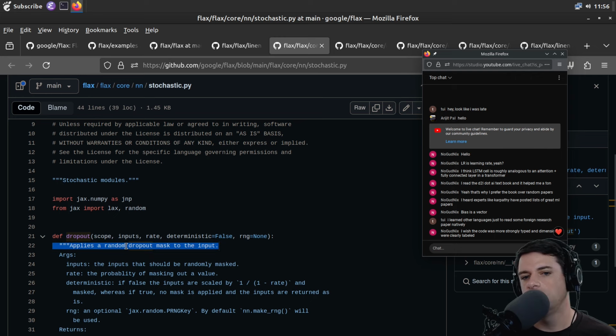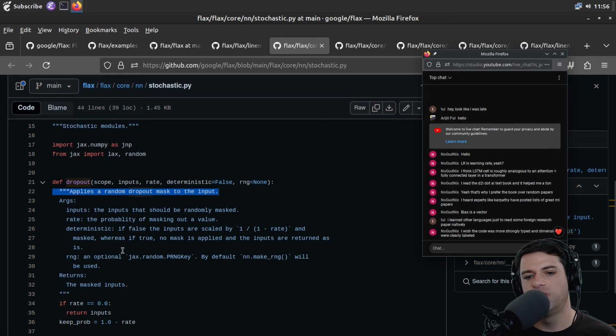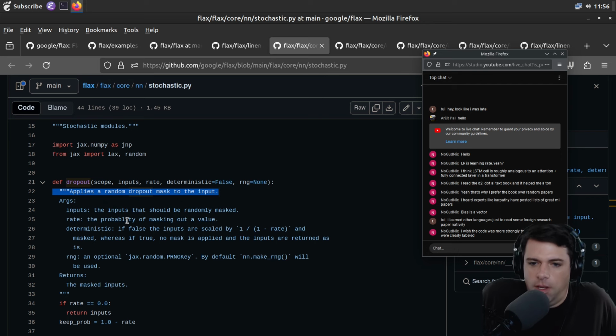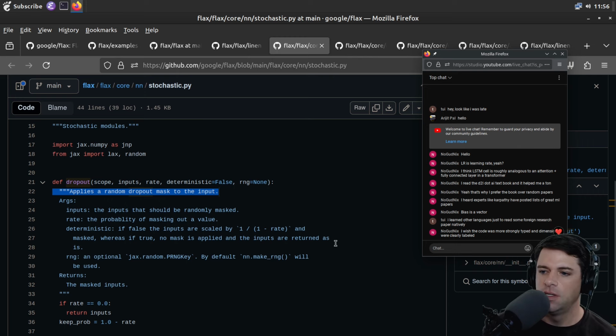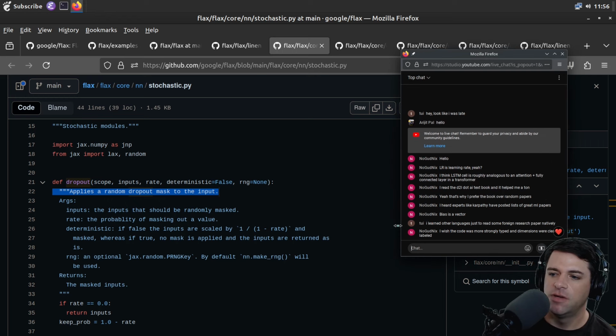I assume that's similar or the same as transformer dropout. So we're kind of decimating parts of the network in order to not overtrain, to make it maybe more like bagging or training a bunch of related models. I wish the code was more strongly typed in dimensions. It's dimensions, right? Yeah, I agree.